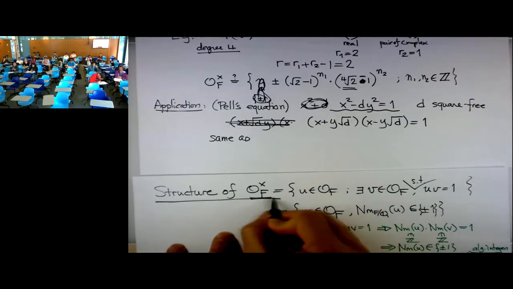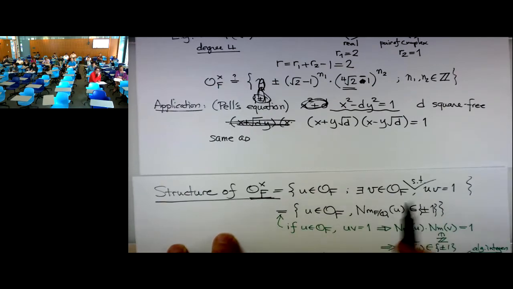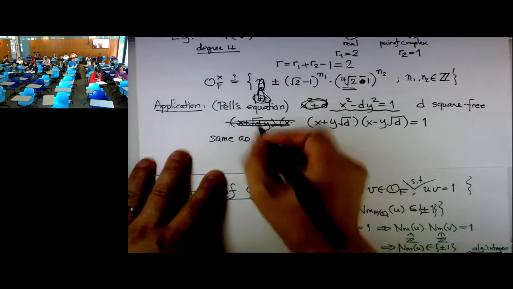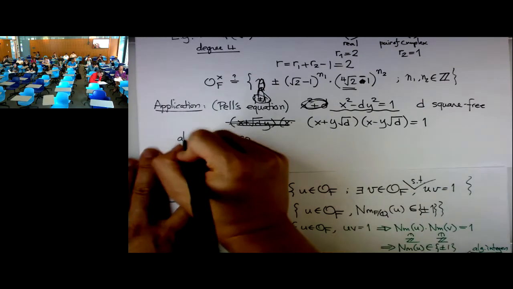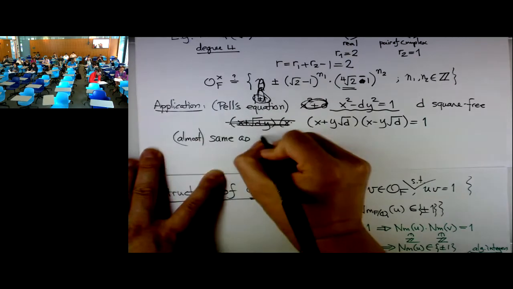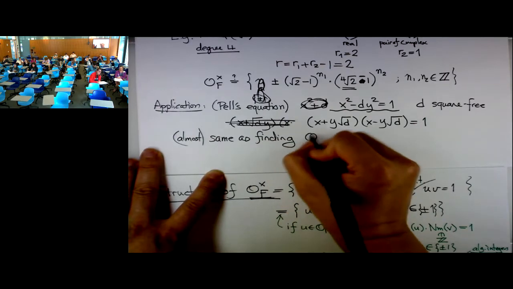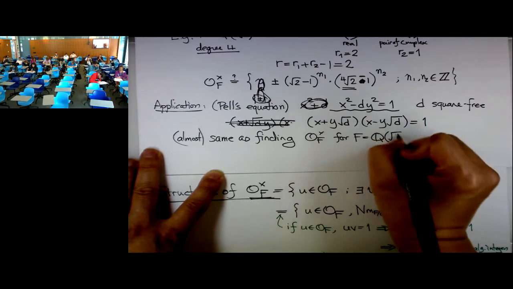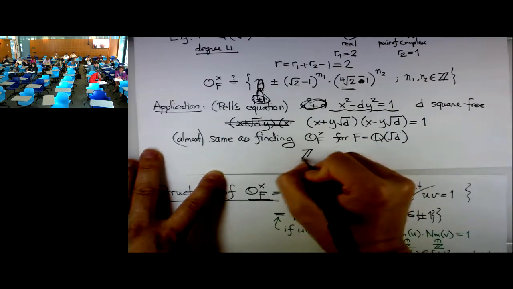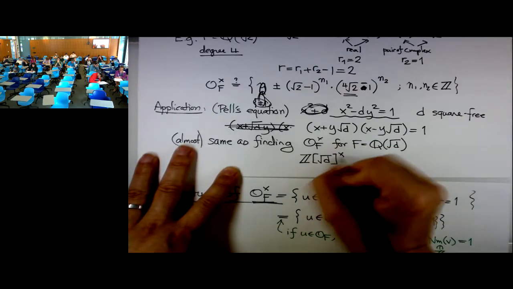The units are those elements of O_F which are invertible, and those are the same as those elements of O_F whose norm is plus or minus 1. So finding this is pretty much the same as finding O_F cross for F equal to Q adjoin root of D. Or rather, finding units in here.